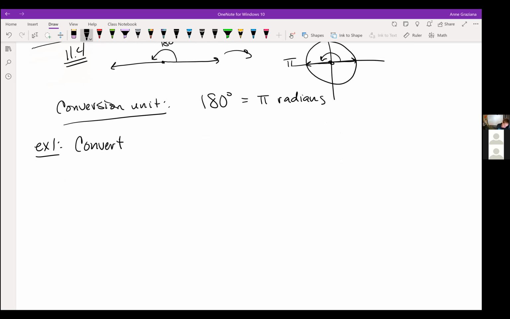Convert 60 degrees to radians. Okay. So what I'm going to do is take the 60 degrees, and to convert it, I'm going to multiply.